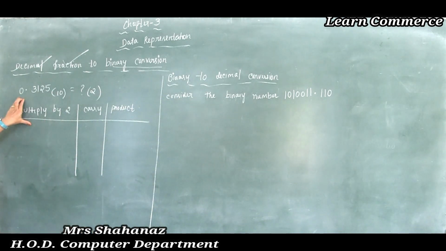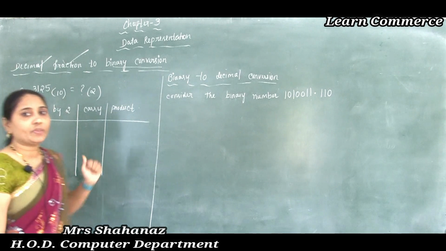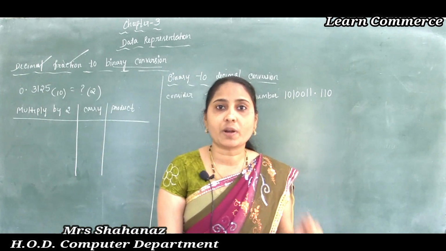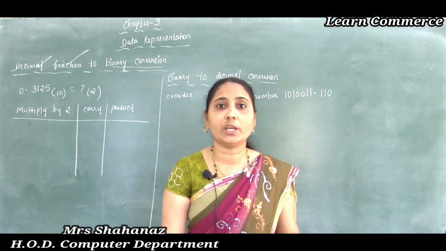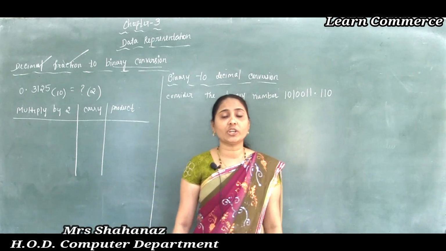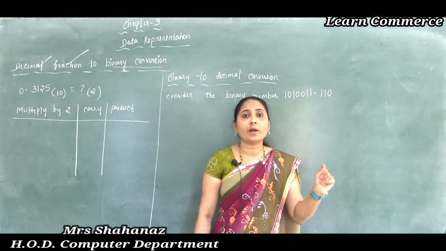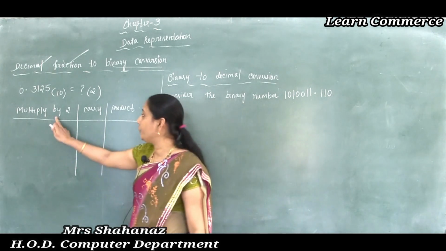Like that, here also there are some steps. What are the steps we need to follow to complete the conversion from a decimal fraction to binary? Step 1: multiply the given decimal fraction by 2. Clear this point?